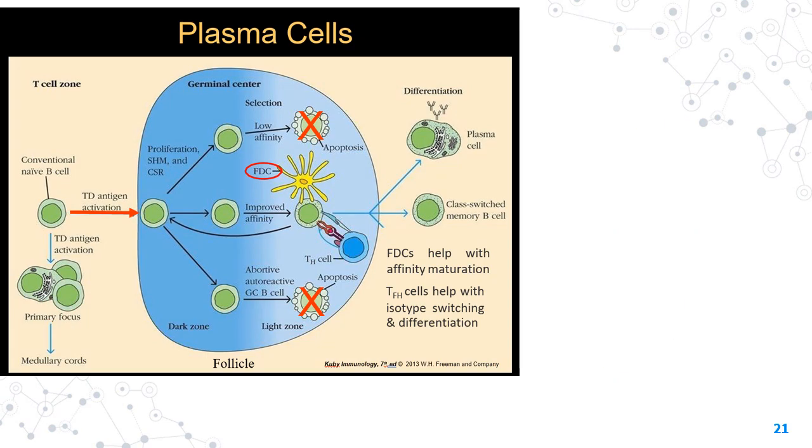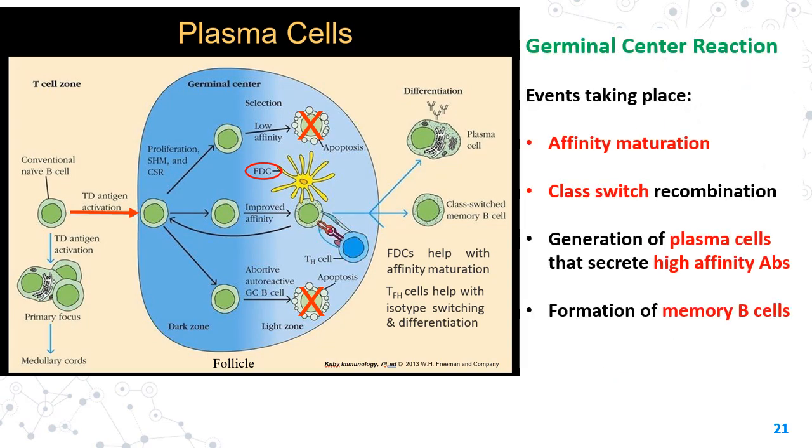All right, so what is important to know here? Reactions that are importantly happening in your germinal center: you're going to have your affinity maturation, you're going to have your class switching, and you're going to generate your plasma cells that have better antibodies.